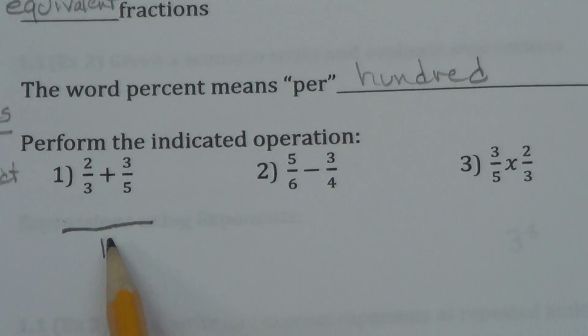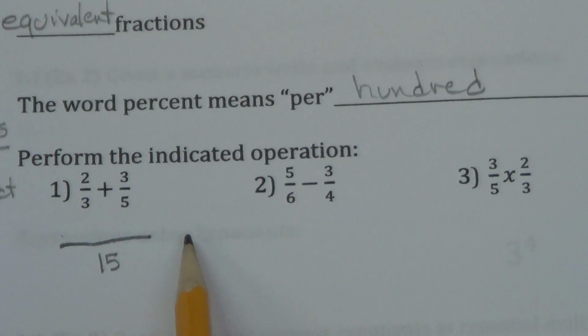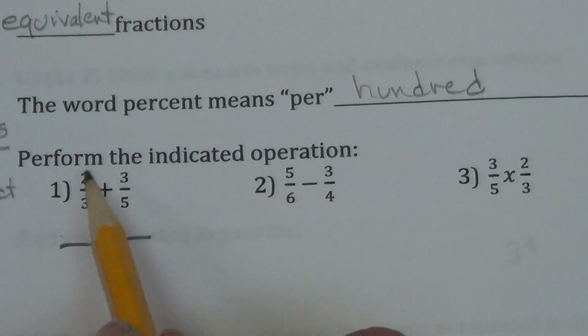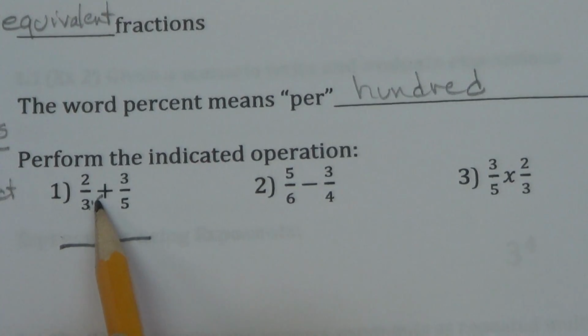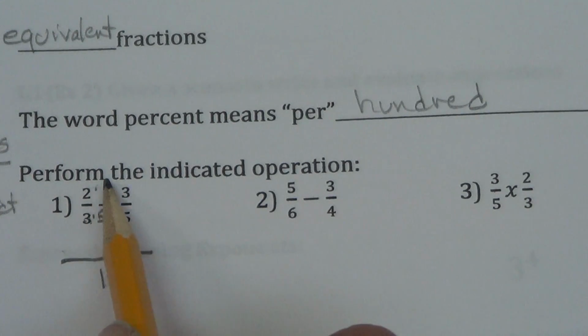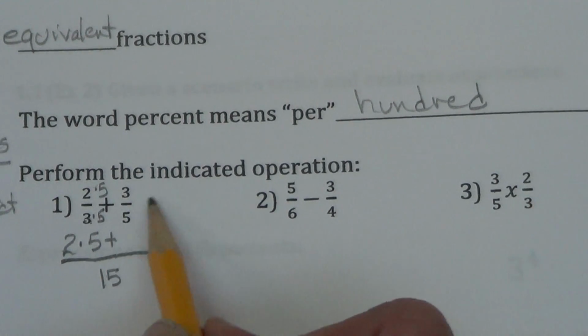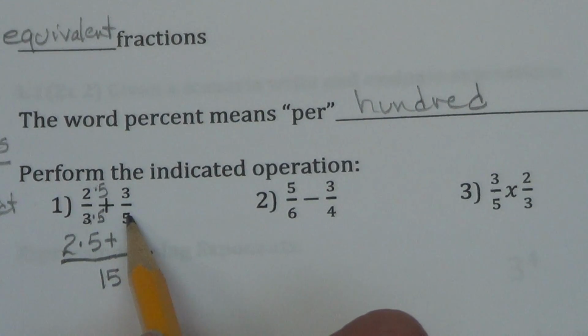I just ask students to make a big line with a 15 on the bottom. Then you have to make sure that you convert this fraction into 15 on the bottom by multiplying by 5. 3 times 5 is 15. So now take your 2 times 5 and show it on this line. 2 times 5 plus, now over here, 5 times 3 is 15, so we put a times 3 up on top.